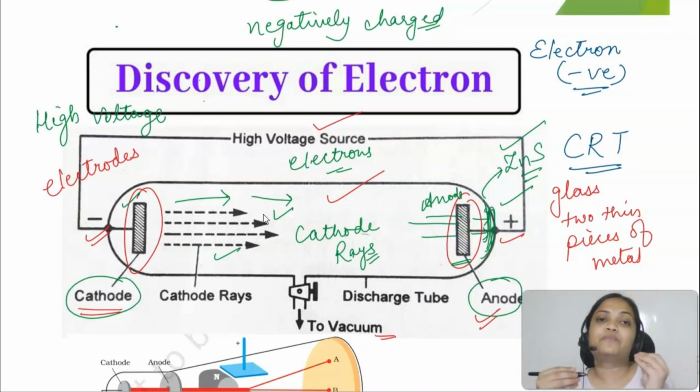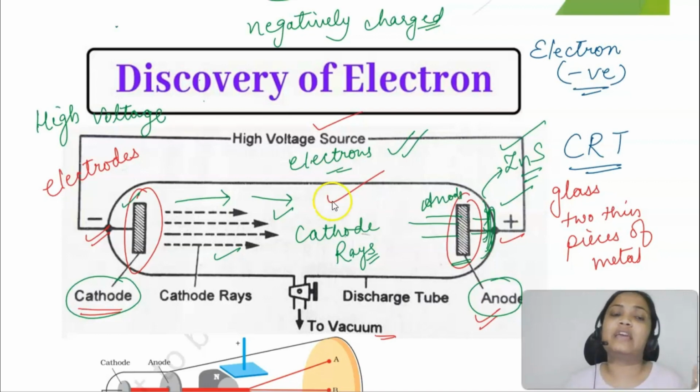So that tells us that electrons are the basic constituents of all atoms. Their nature does not depend on what kind of cathode or electrode you take, or what kind of gas is present inside your cathode ray tube. That's how the discovery of the electron took place.